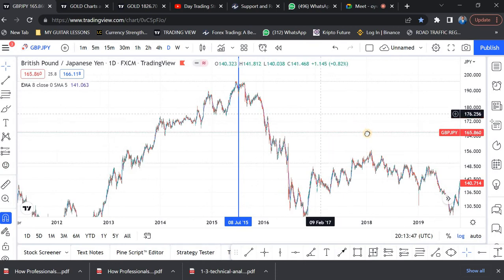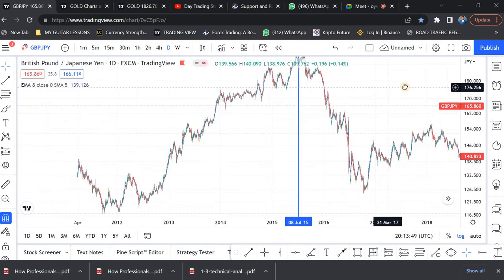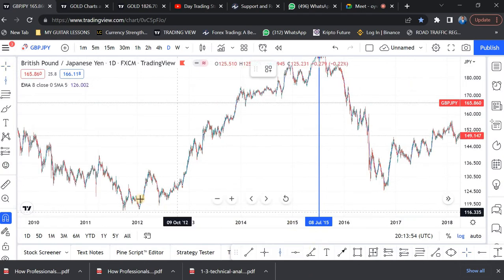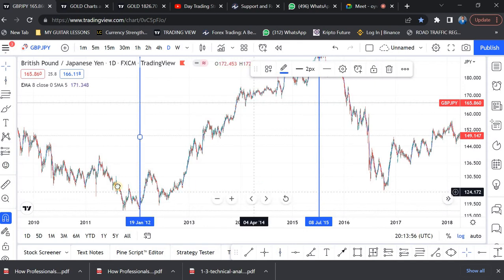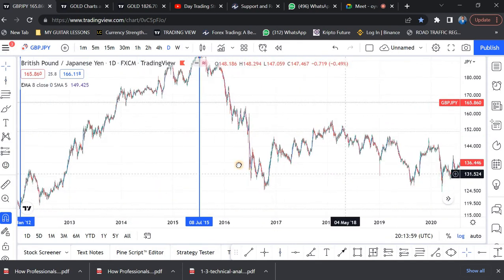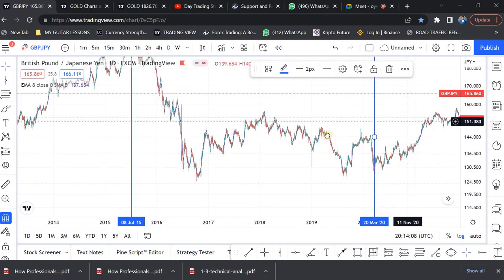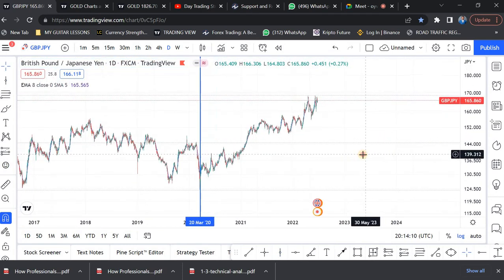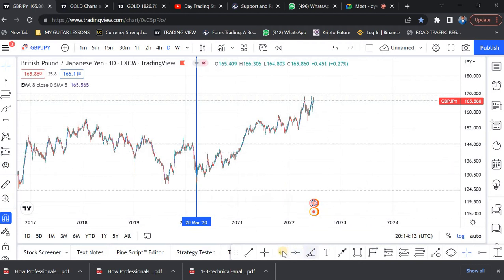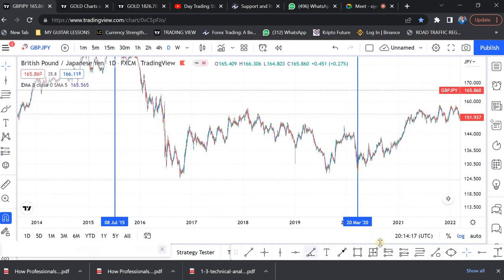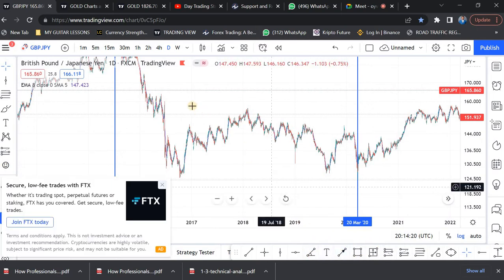So for example, I'm going to divide this chart into sections, and I'm going to ask you a few questions to see if you remember what we learned in the past. So I'm trying to divide this chart into sections. Then from there, I would ask you a few questions. All right, so I'm drawing some lines on the chart. Let me draw another one here.